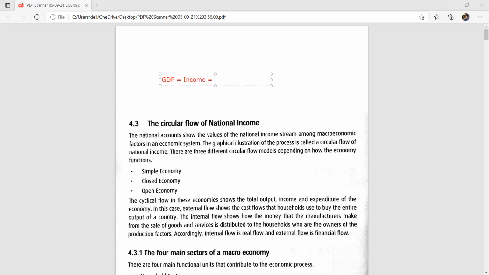When people have such an income, it will be spent on purchasing of goods and services. Therefore, expenditure is also the same. For example, there was a producer making yogurt.